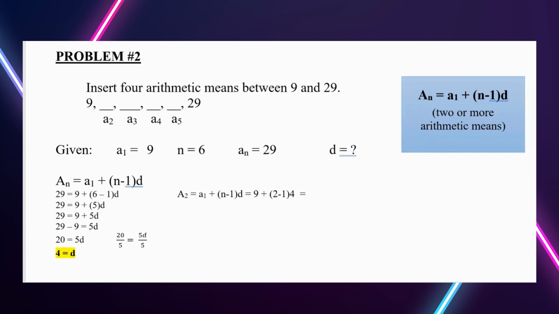Let us simplify. 9 plus 2 minus 1 is positive 1 times 4. And 9 plus 1 times 4 is 4. And the sum of 9 and 4 is equal to 13. So 13 is our second term.